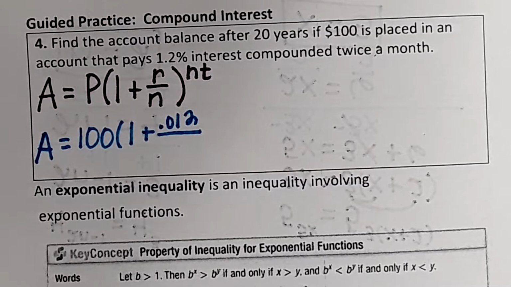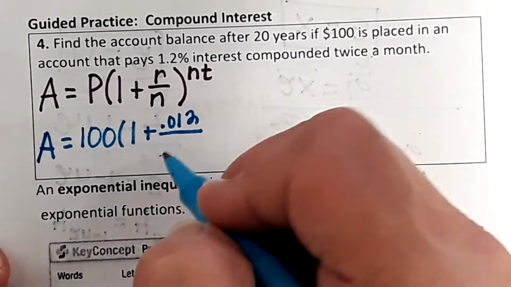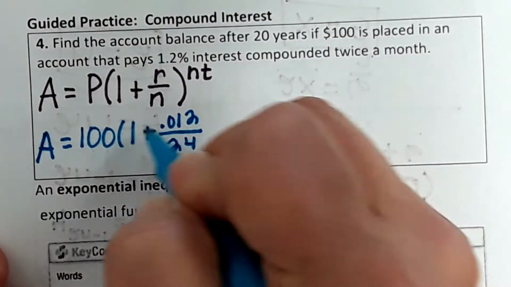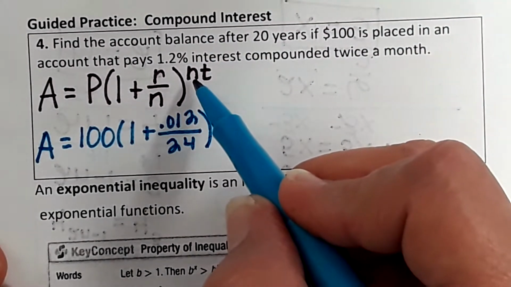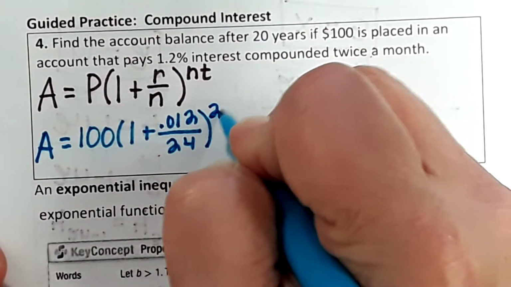So it's twice a month. So how many months are in a year? 12. So how many times all around? 24. So N is 24. So this N is 24 as well.